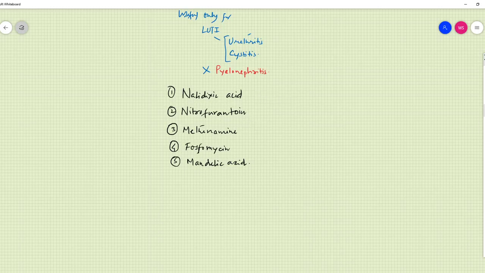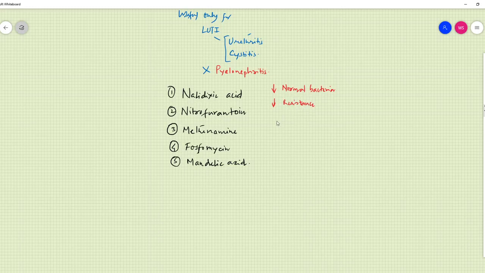They have got some advantages also. What are the advantages? They suppress normal bacteria. They decrease the rates of resistance.